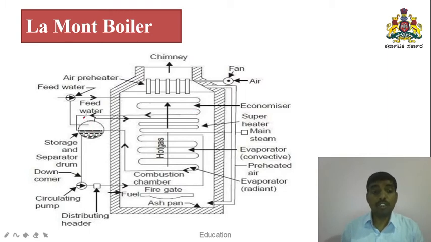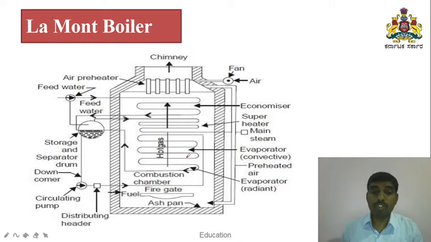Here in the drum the water flows down, and that water comes down the downcomer with the help of the circulating pump. The water comes down the downcomer and flows to the combustion chamber, and from there it flows to the evaporator.